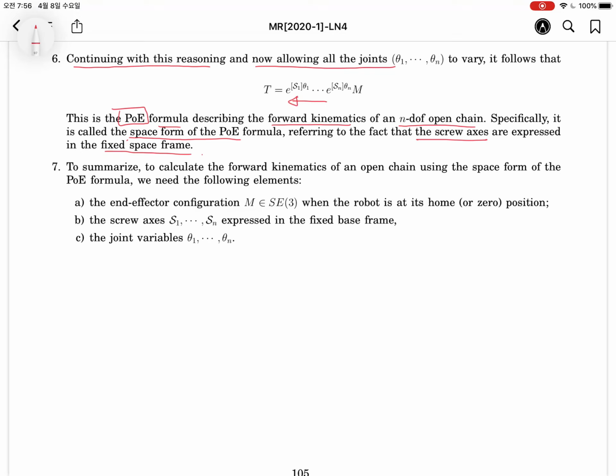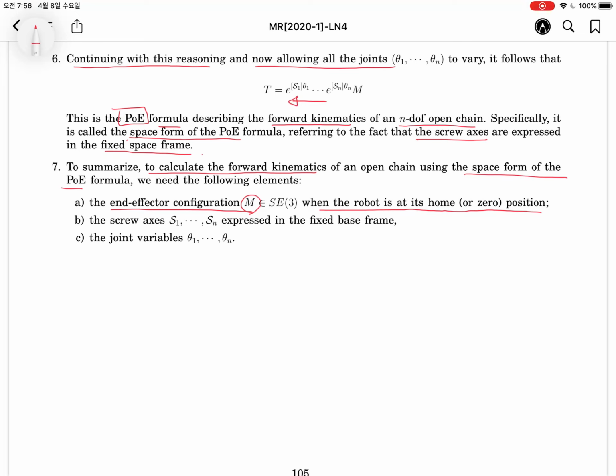Okay, let's summarize. To calculate forward kinematics using the space form of the POE, we need the following elements. First, the end effector configuration M should be specified when the robot is at the home position or zero position.